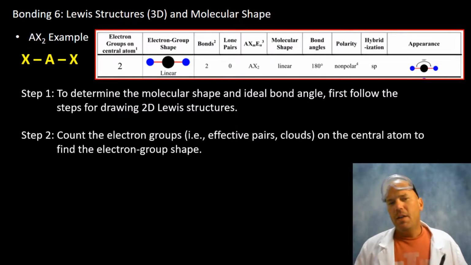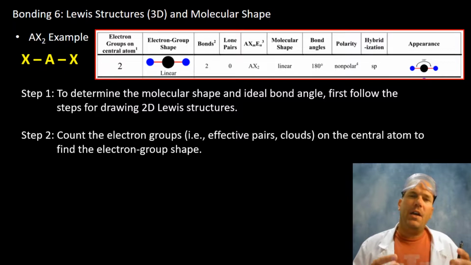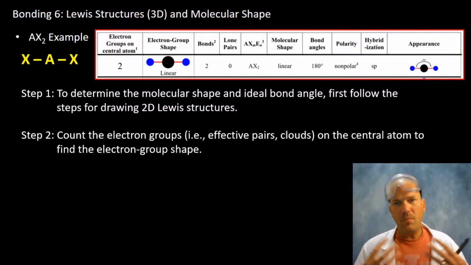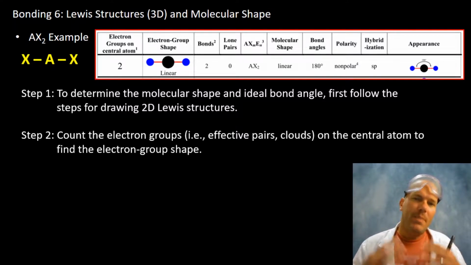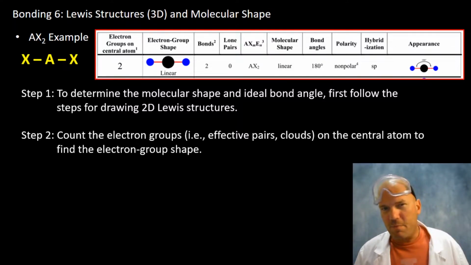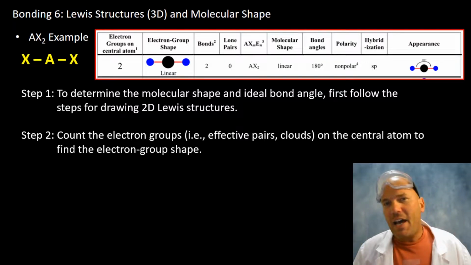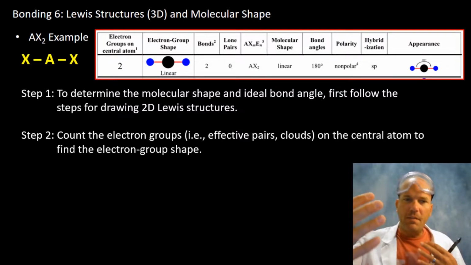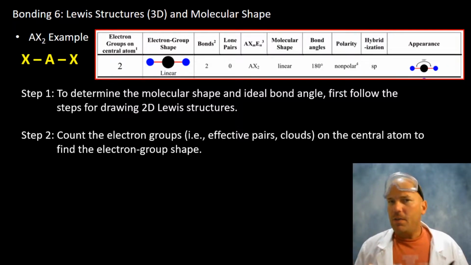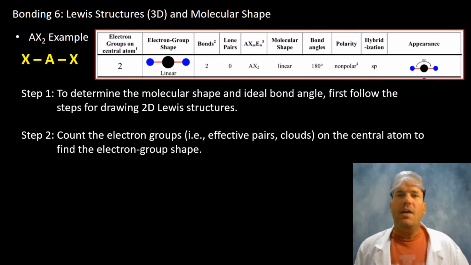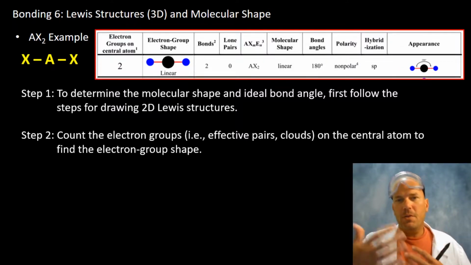Step 2, count those electron groups. There are a couple of synonyms here. Electron groups may be referred to as effective pairs and clouds. So if I ask you to count the number of electron clouds, I could also say groups or effective pairs.